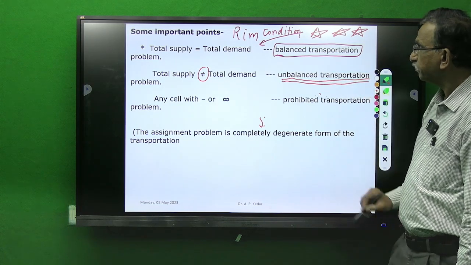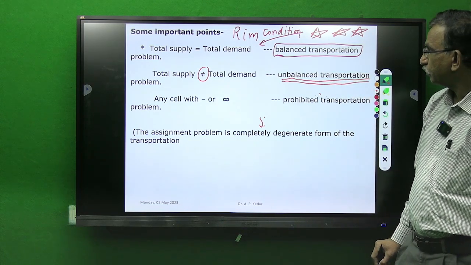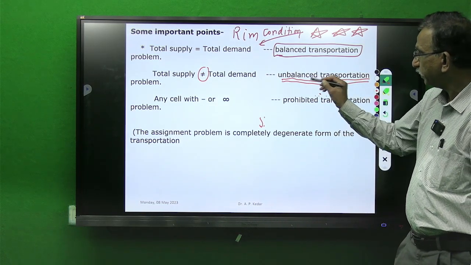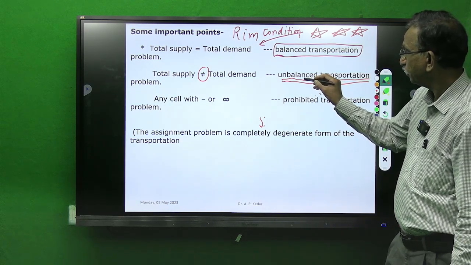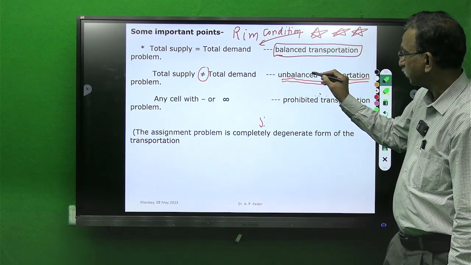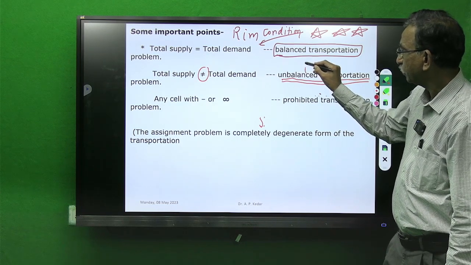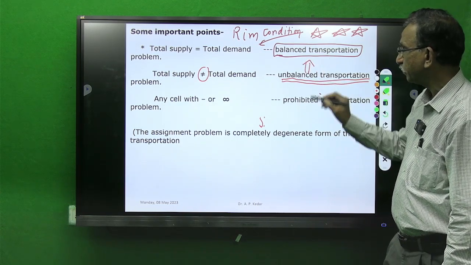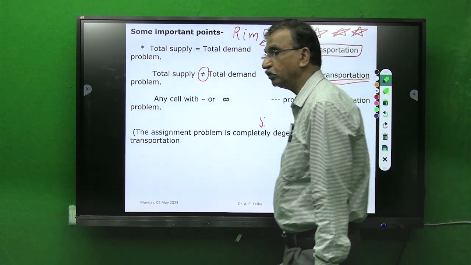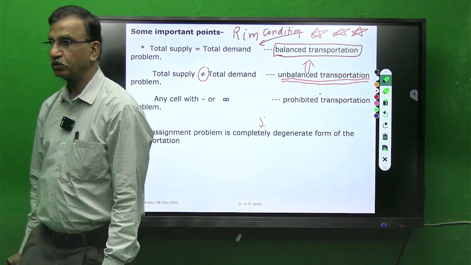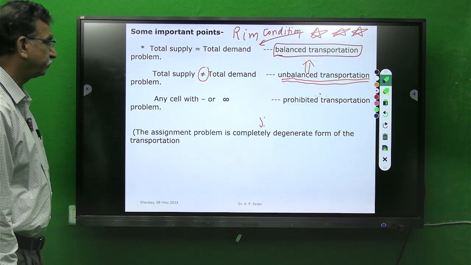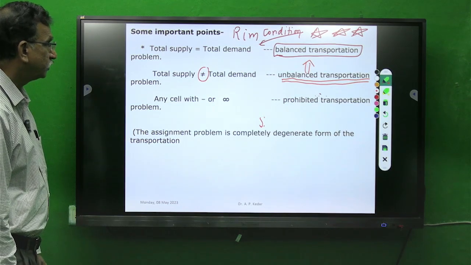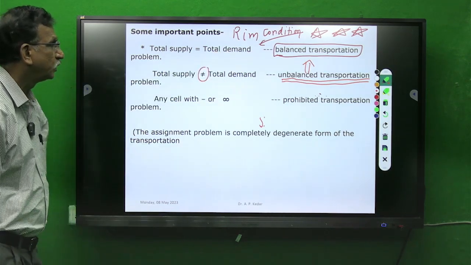But remember, you have to make sure that before you solve such problem, you have to go to this step of supply equal to demand. You have to be very perfect that total supply is equal to total demand. So we have seen 2 cases.